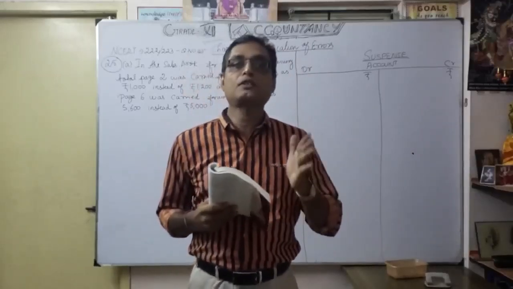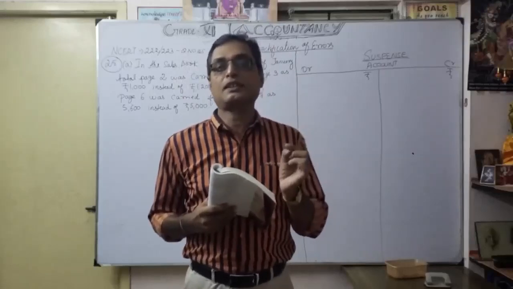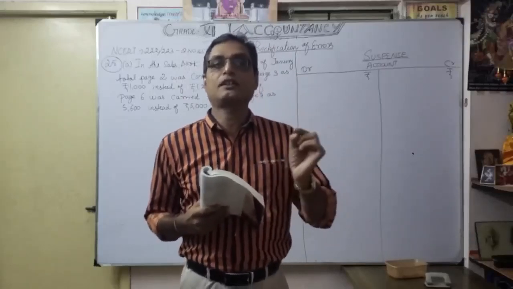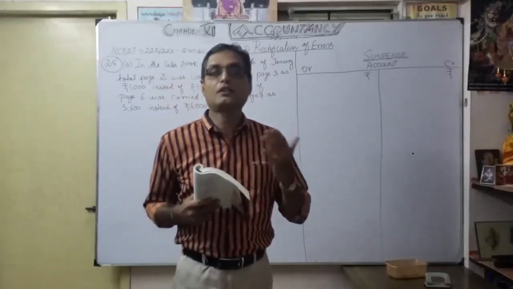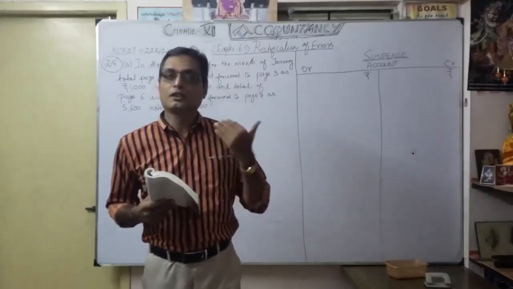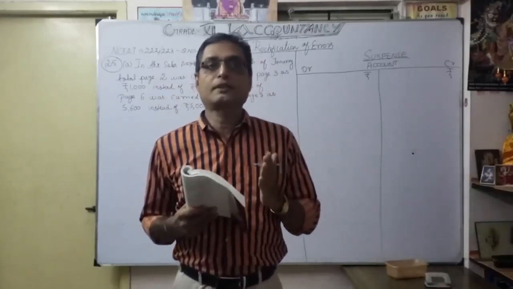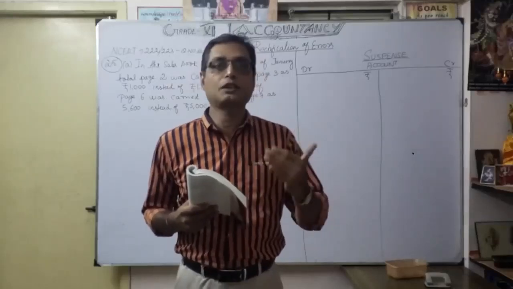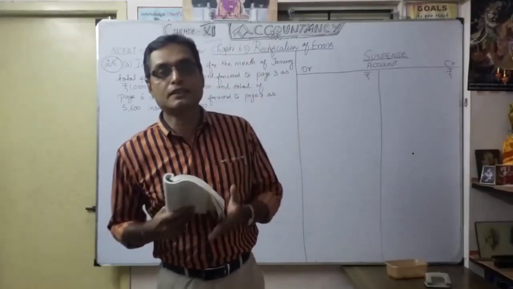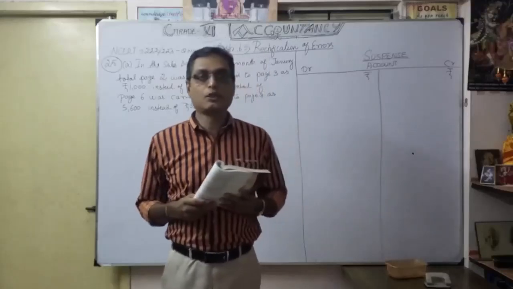First of all you want to identify what error is located in the transaction. Later, accordingly, you do the correct entry, wrong entry, rectification entry, wherever necessary. If you develop that practice, rectification of errors is very easy, even in your examination.